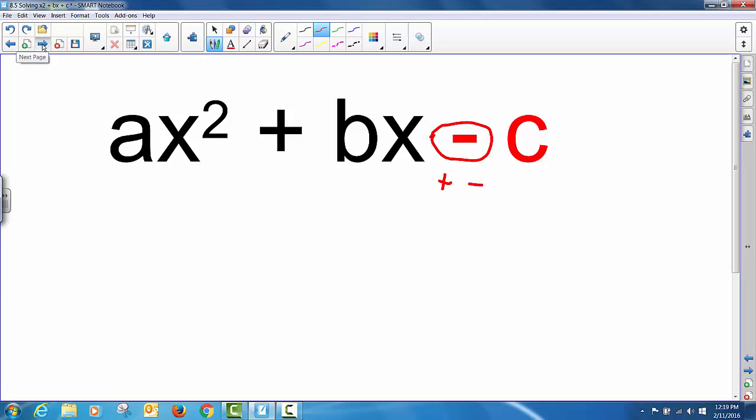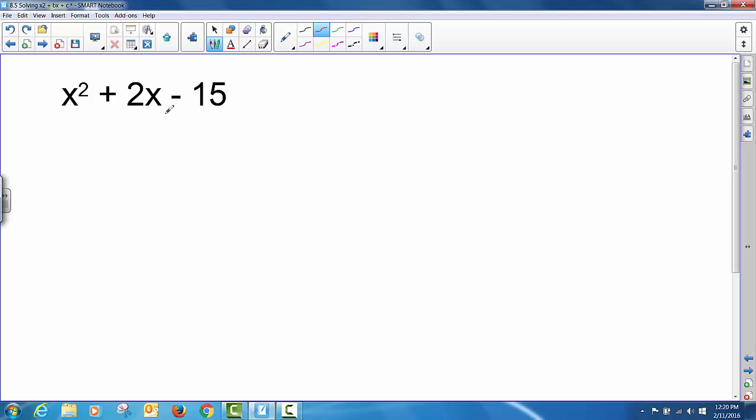Let's try one. Okay, this tells you that it's going to be plus minus. So what we've got to do now is find factors of 15 that have a difference of 2. So we come over here and we try 15 and 1, 5 and 3. Oh, 5 and 3 have a difference of 2.